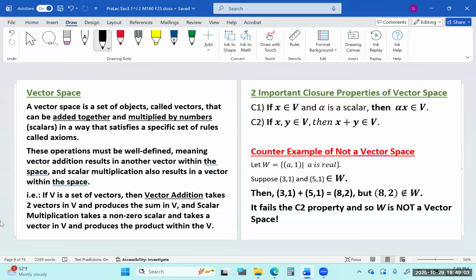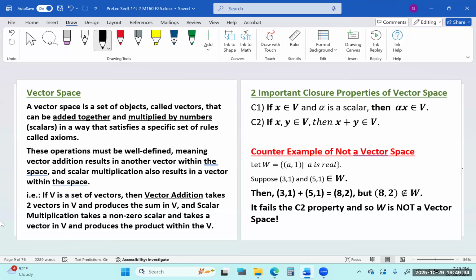These two vectors are from this set because they satisfy our requirements. Now if we add the two vectors, you get 3 plus 5 and 1 plus 1. 3 plus 5 is 8, it doesn't give us any problem. But 1 plus 1 is 2, and that's not in the set W, because W requires the second element to be 1. So this is not a subspace.